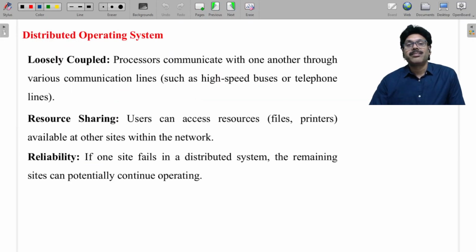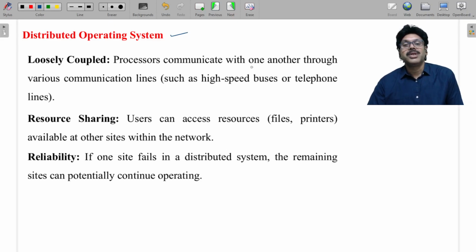Distributed operating system, where you see that nowadays all the operating systems are completely based on cloud nature. Everything we are able to store in the cloud only. So such concepts are called what? Distributed operating system.